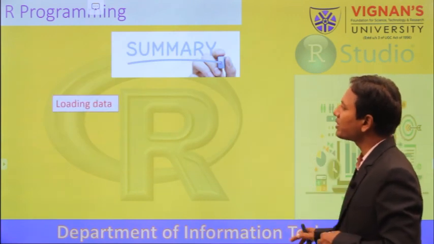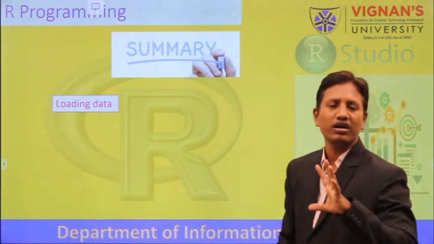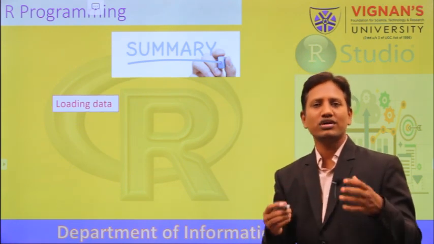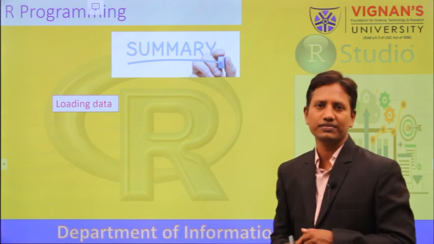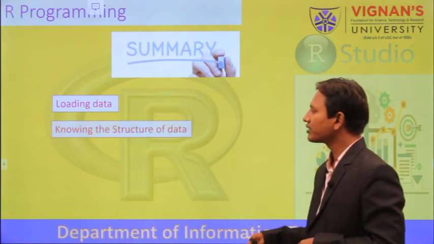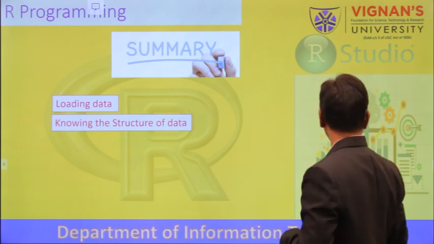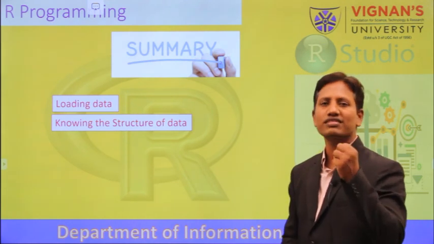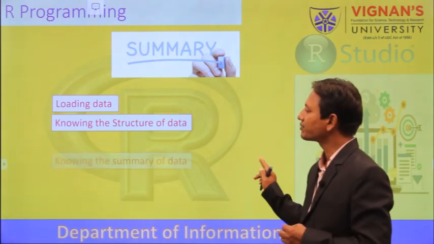So let's come to the summary. In this session we have learned what data analysis is and how customer data can be analyzed. First we learned how to load the data. Then with the help of the str function, how to visualize the structure of the data.